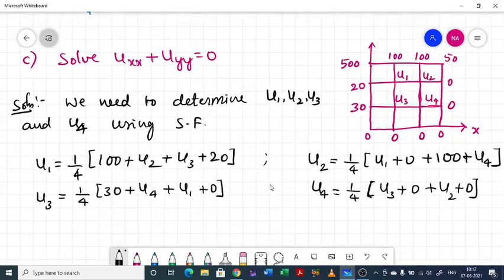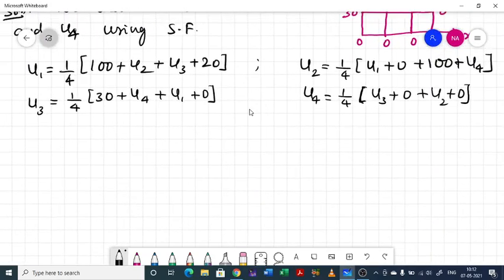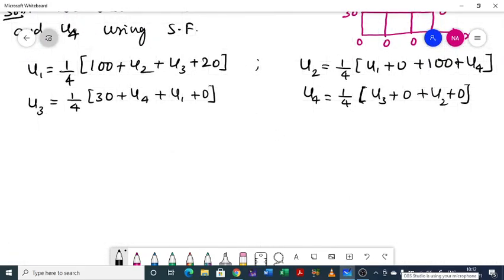Now these equations can be written as, first one, 4u1 equal to u2, constants on one side, variables on the other side: 4u1 minus u2 minus u3 equal to 120.